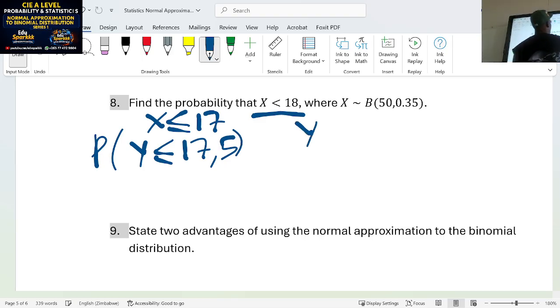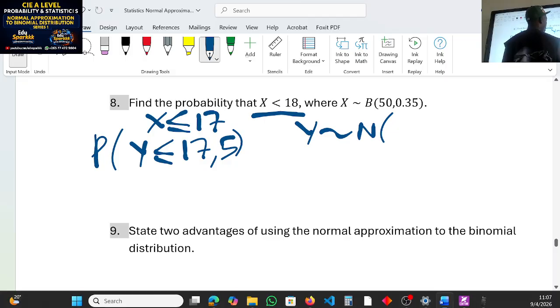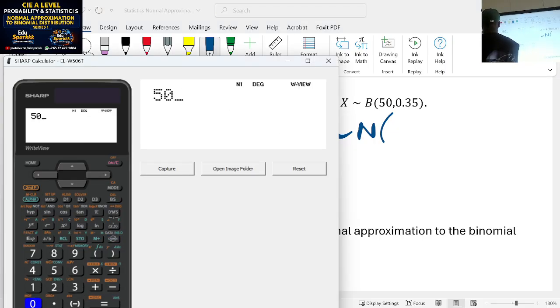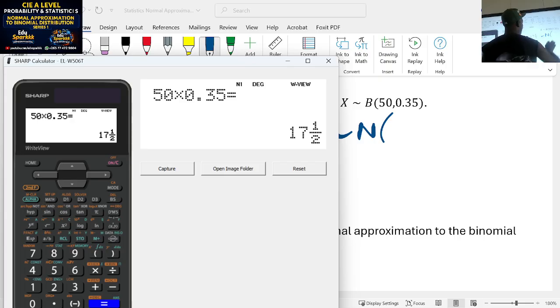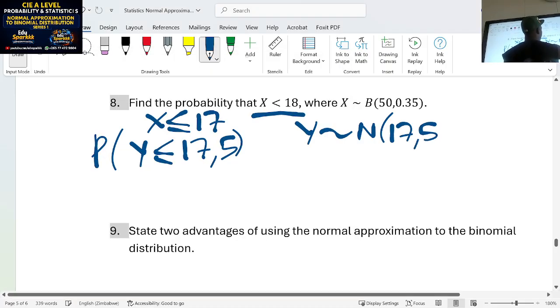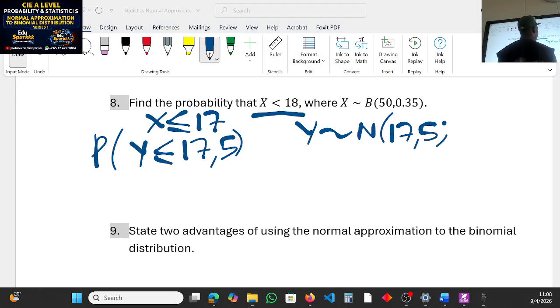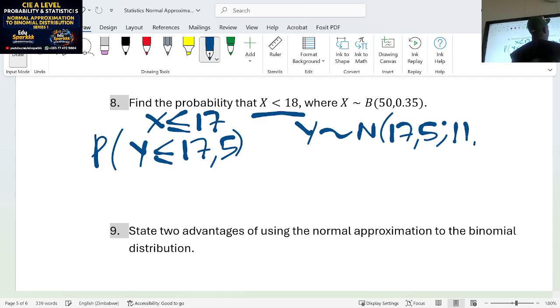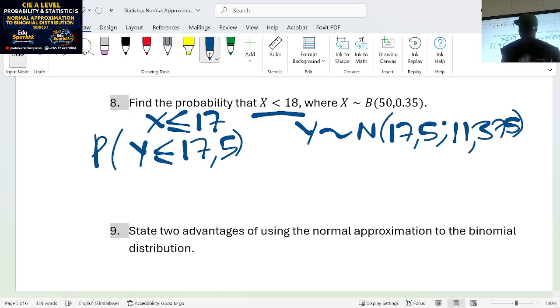So let's migrate to the normal distribution, where we are interested in the mean mu. So mean mu, we are going to say 50 multiplied by 0.35, giving us 17.5. And a variance of, we multiply that by 0.65, which gives us 11.375.